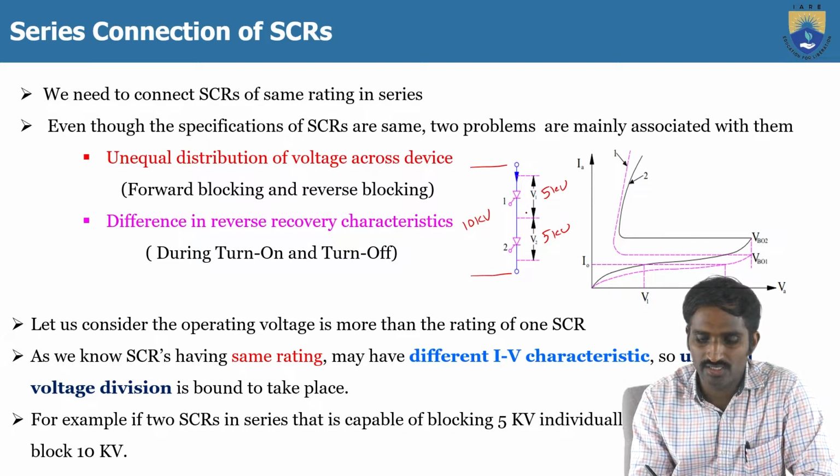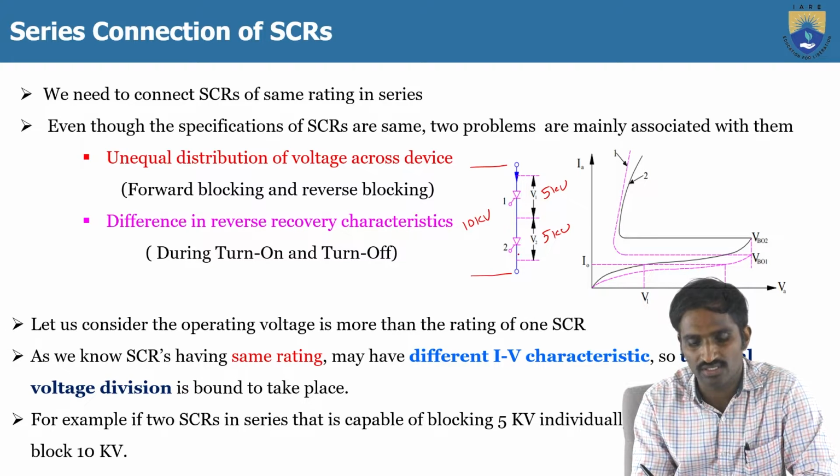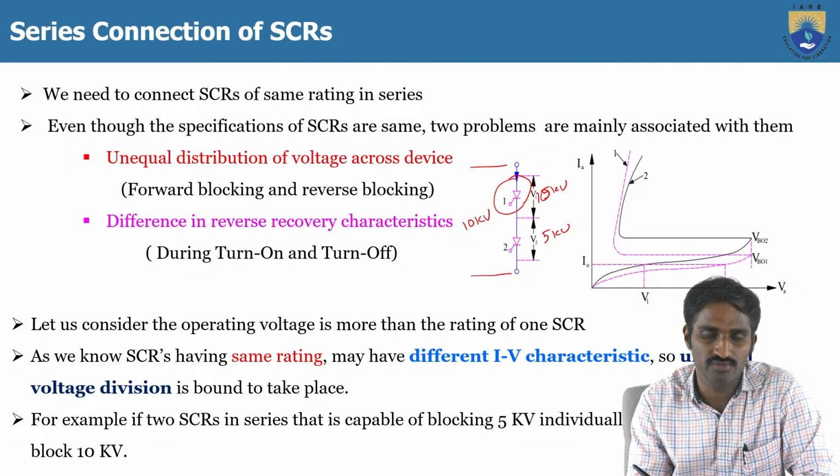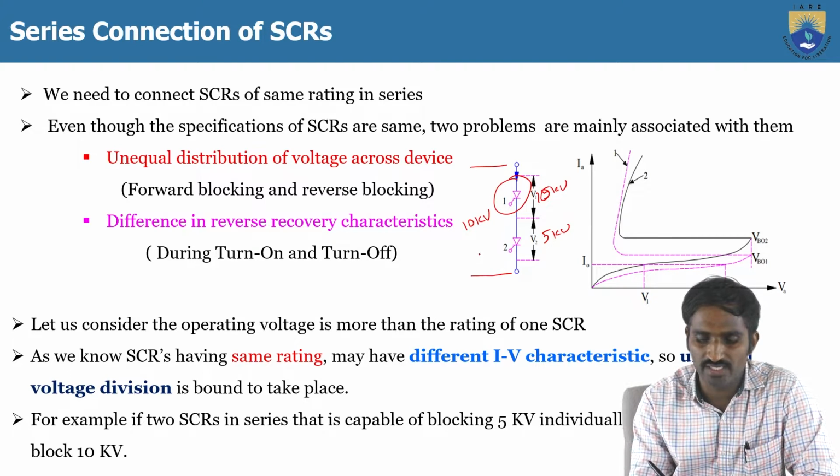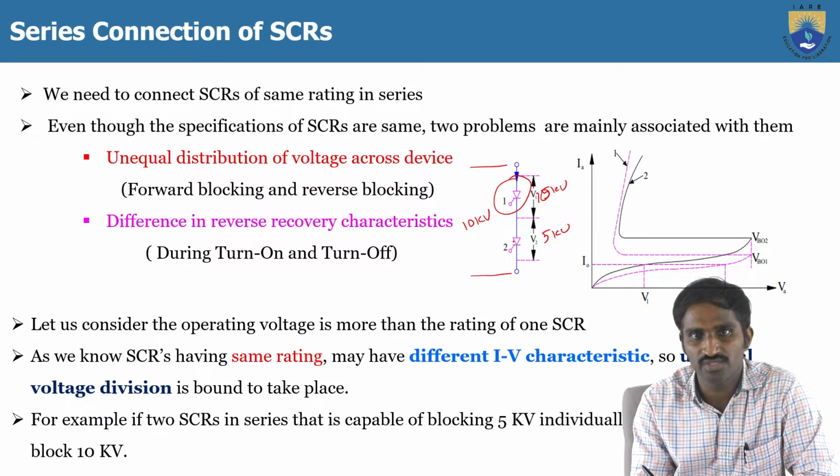Suppose both thyristors do not turn off at the same time, and thyristor 1 turns off before thyristor 2. Then the total 10 kV will appear across the thyristor T1, so the thyristor T1 may get damaged, because the capability of T1 is up to 5 kV only, but here we have applied 10 kV across the string. Only T1 is turned off, but T2 is not turned off at that particular moment.